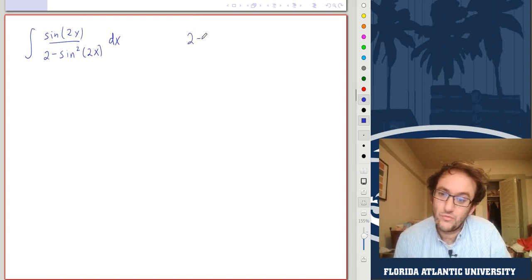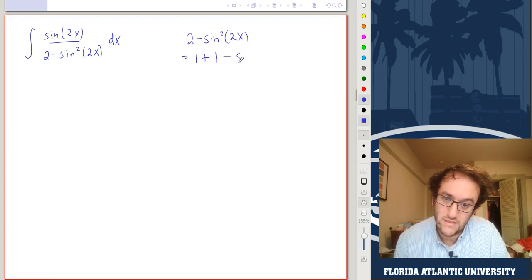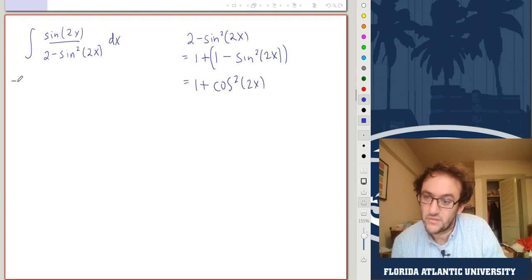So 2 minus sine squared of 2x, that's equal to 1 plus 1 minus sine squared of 2x, which is just equal to 1 plus cosine squared of 2x. Okay, so let's plug that in.